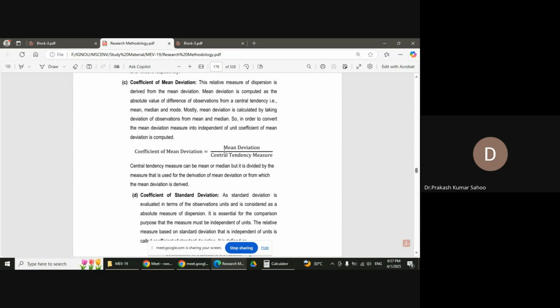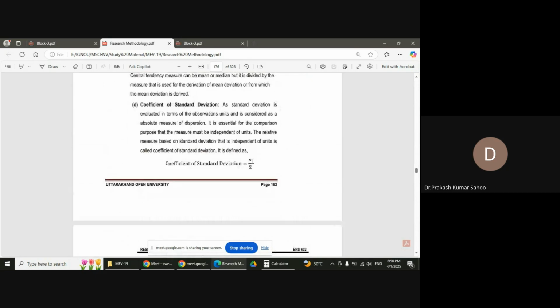So mean deviation is the coefficient of mean deviation. It is the mean deviation, that is the summation of xi minus x bar, divided by the central tendency measure, that is your mean, that is your average. Okay. Coefficient of standard deviation. Coefficient of standard deviation is standard deviation divided by mean x bar.